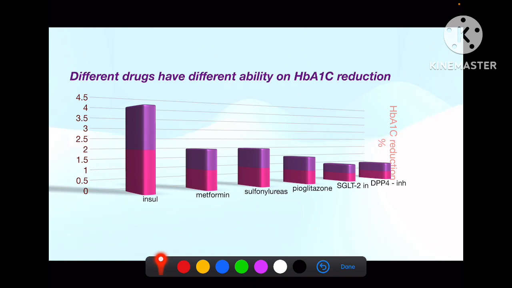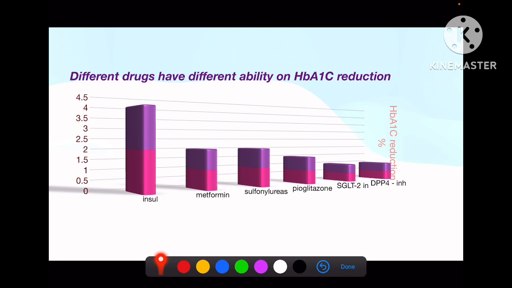In this slide I want to explain your HbA1c reduction percentage compared with the different drug agents, right? Insulin has the highest ability to reduce your HbA1c.